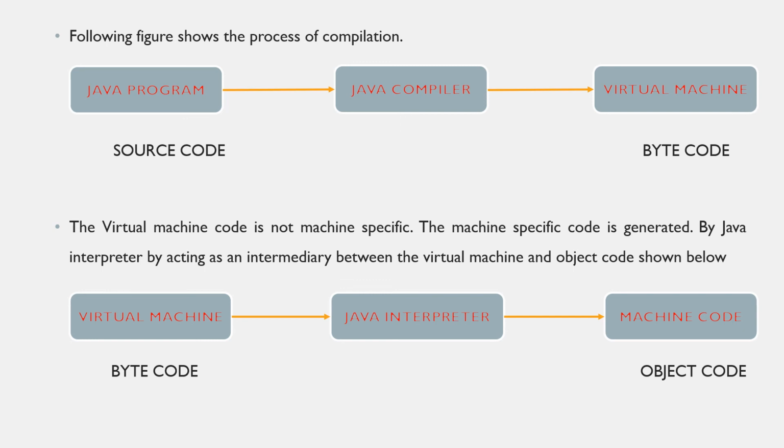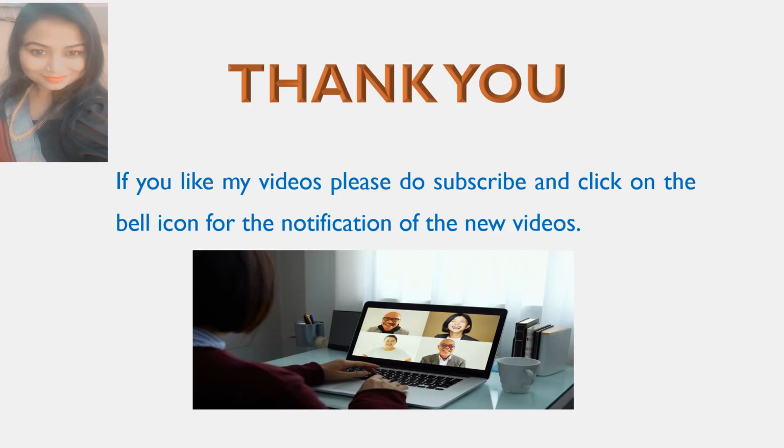The machine specific code is generated by the Java interpreter, acting as an intermediary between the virtual machine and the object code. The Java interpreter takes the bytecode and converts it to machine code, or object code, using a translator. We call it the Java interpreter. There are two processes that occur here: one is the process of compilation and the other is the process of execution.